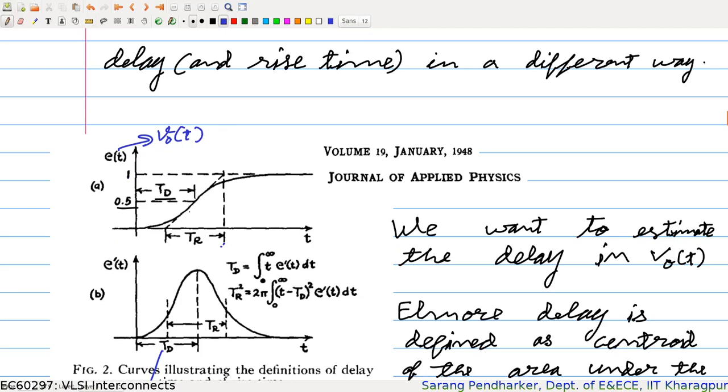So it is a monotonically increasing function, your output voltage. He said that okay, delay is something I don't necessarily define as a 50% delay or 0.63% delay. I define it somewhat differently.